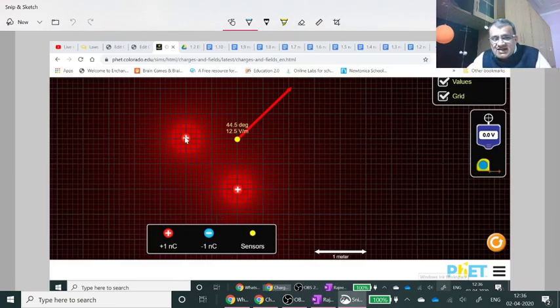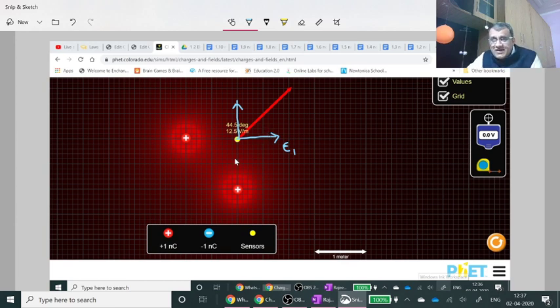Due to this charge, at this point, we found the electric field, which was in this direction, and we called it E1. And due to this charge, at this point, we found the electric field which was away from this positive charge. Away means it is in this direction. And that's how we were finding the net electric field.